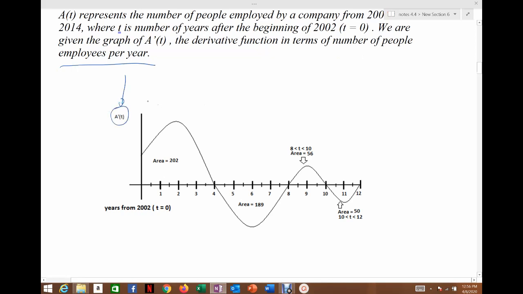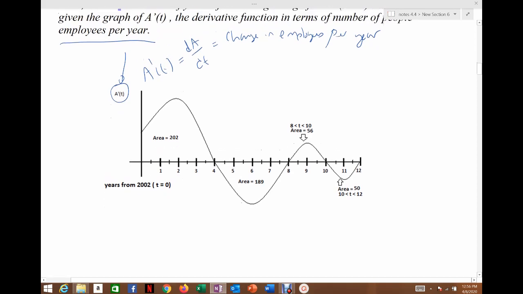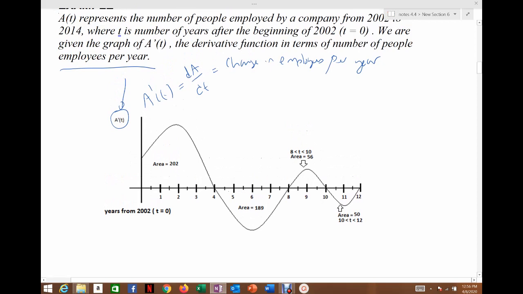So this graph, my A prime of t, represents the change in employees per year. That's the rate of change we're given. Remember, area above is a gain, area below is a loss, so gains and losses.